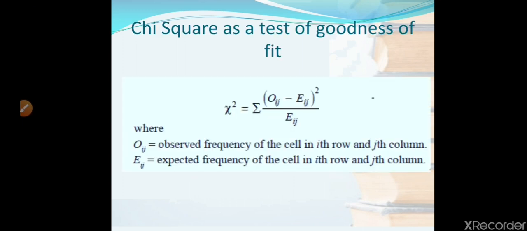So for that we use this formula, chi-square is equal to sigma (Oij minus Eij) square upon Eij, where Oij is the observed frequency of the cell in ith row and jth column and Eij is the expected frequency of the cell in the ith row and jth column.